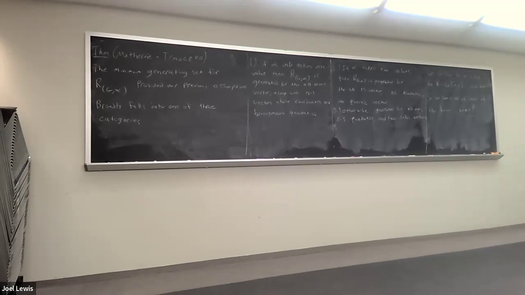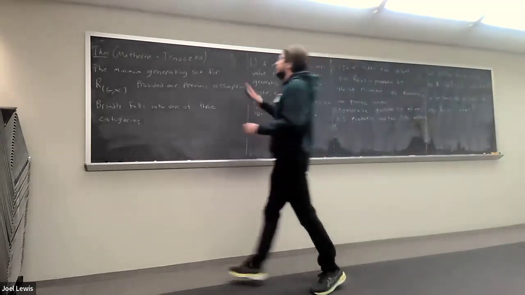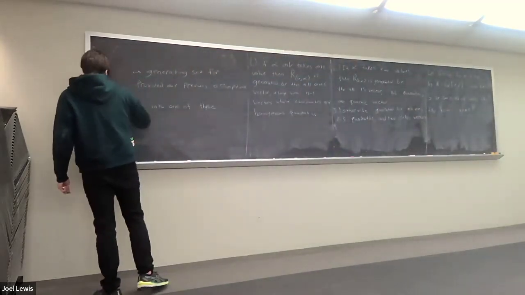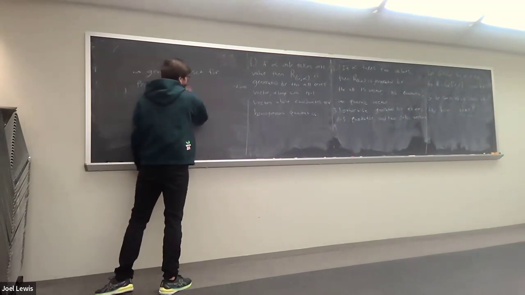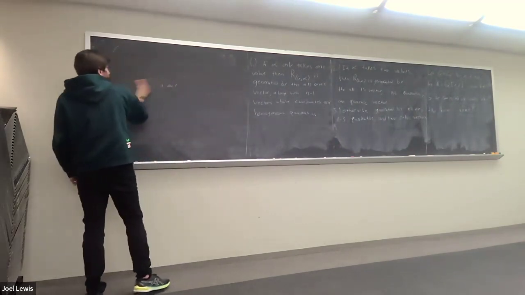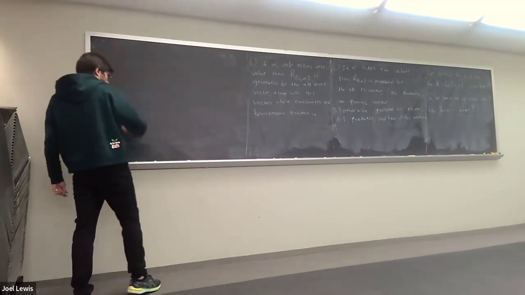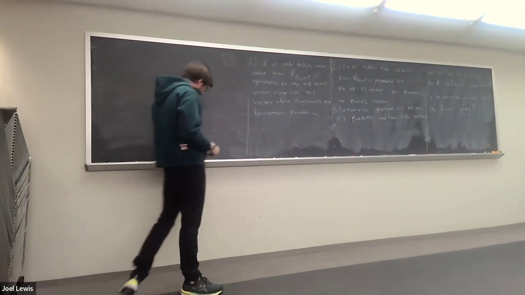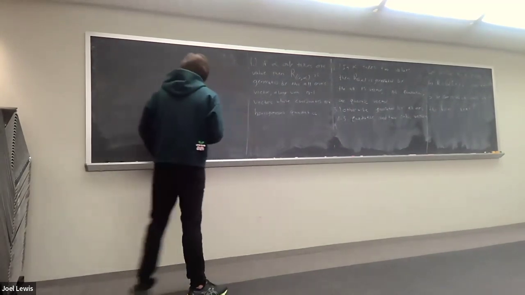Okay, so again, my hope is to convince you that this theorem has a moral generalization to all graphs. But to do that, there's a couple of graph theory things that I need.